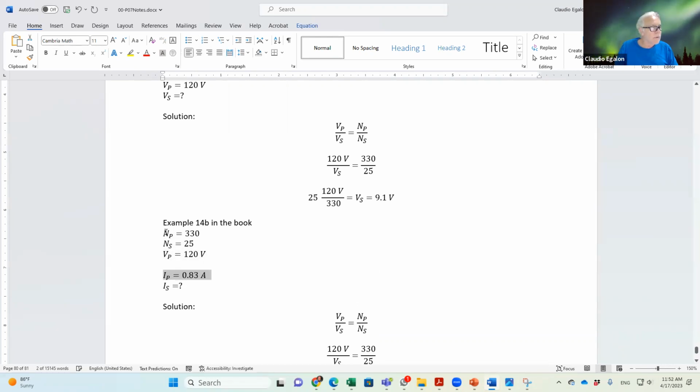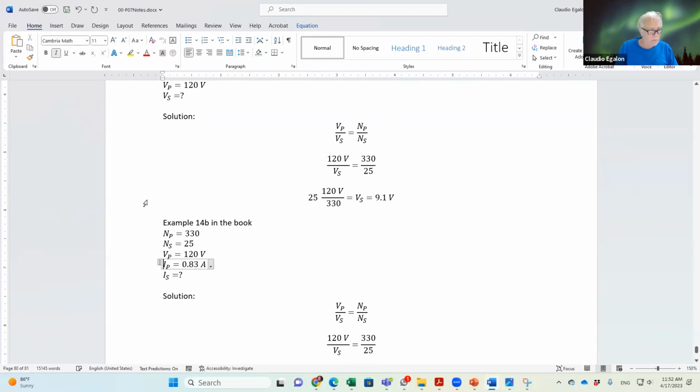Well, the ratio applies also for the current. You should have the same ratio for the current. So we're going to have I in the primary divided by I in the secondary.